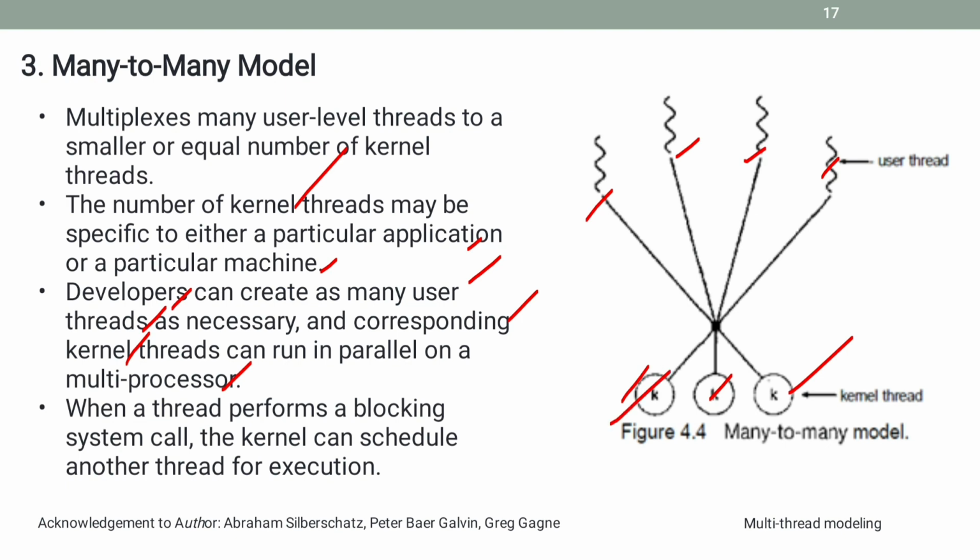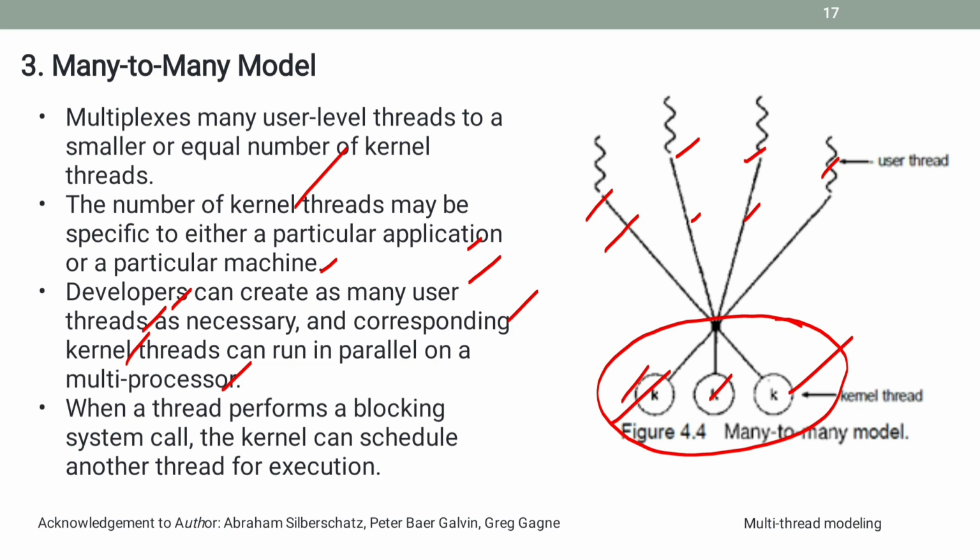Multiprocessor system means one kernel on one processor. 3 kernels means 3 processors will be there. This is a multiprocessor system. So these threads can run in parallel. Hence execution can be done in parallel because it is a multiprocessor scheme. Then multiple threads are mapped onto multiple kernels.